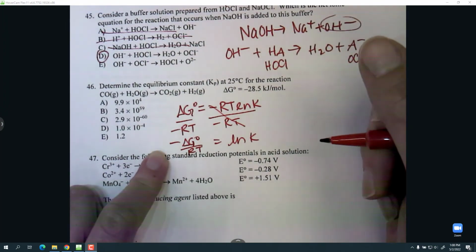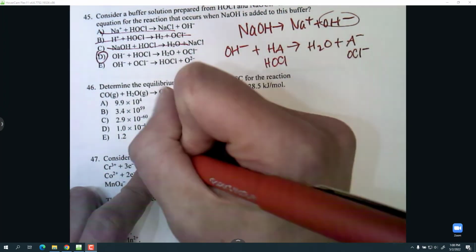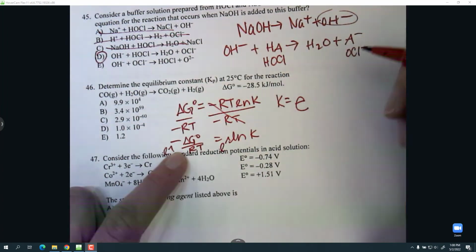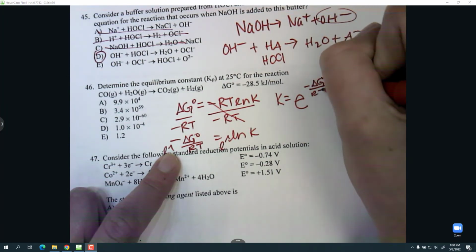Then I need to get rid of the natural log with the exponential function. So K is the exponential of negative delta G over RT.